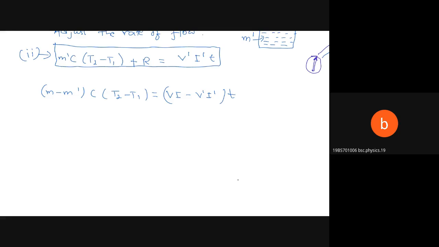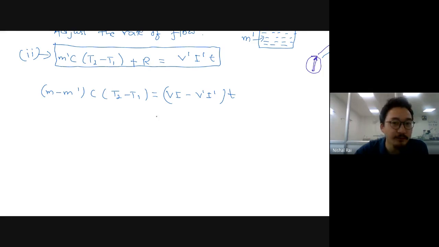Yes, sir. So finally, can you find C? But just note one thing: the right hand side is in joules and the left hand side is in calories. So how do you convert joules to calories?